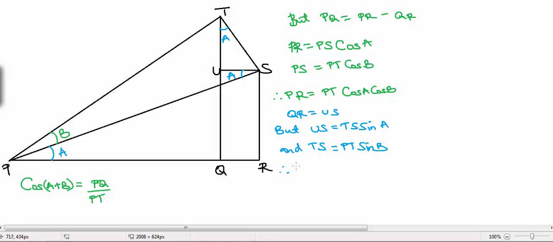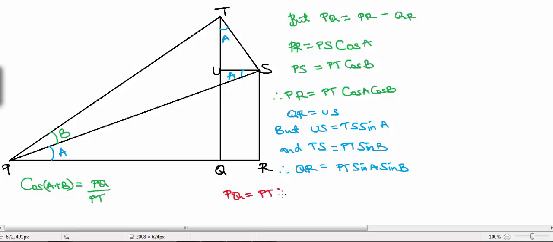So once we observe critically, you'll see that QR is the same as QS, because that is still the same rectangle and those opposite sides are equal. And so US can be observed that it is equal to TS sine A if we consider that upper triangle.